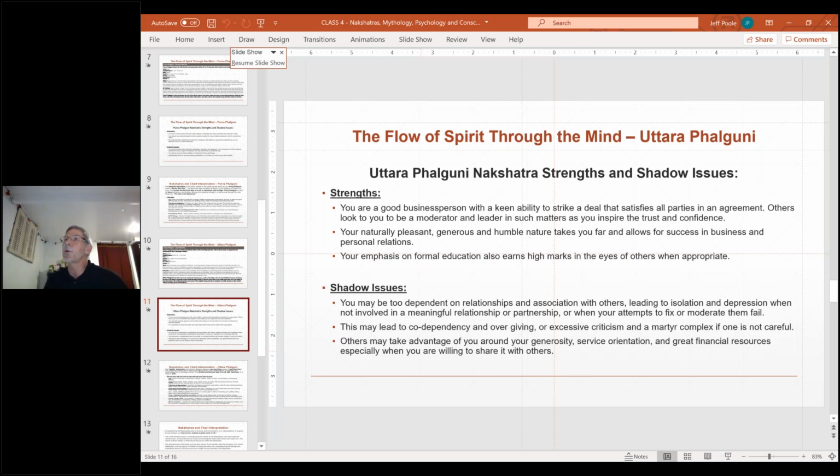Virgo tends to show where people go and get graduate degrees, because everything is much more discerning, and you have to be a little more dispassionate and able to take a step back and really focus in on the details of the world and whatever that subject is. So you can see that carrying over here into one of the strengths that Uttara Phalguni shows.